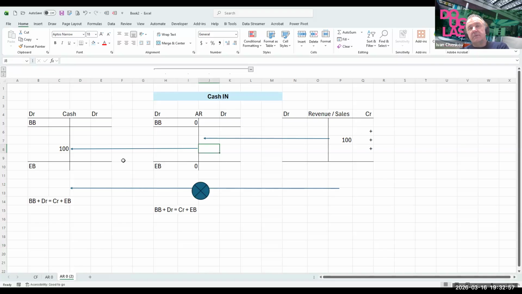My sales are 100, correct? My sales are 100. My beginning balance of accounts receivables is 0, but my ending balance in accounts receivables is 20. How much cash have I collected?